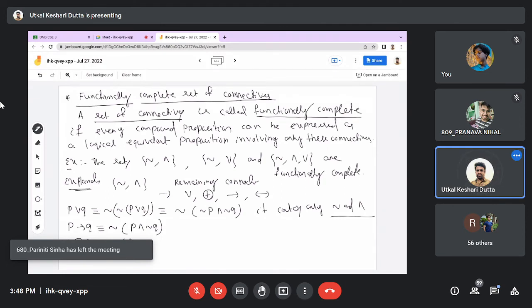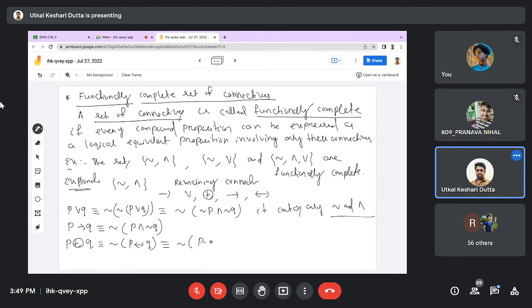Negation of P biconditional Q. Use some logical expressions that will also be equivalent. Instead of P biconditional Q, we can use P conditional Q and Q conditional P. Negation of this and this. Use De Morgan's law. What will be this?